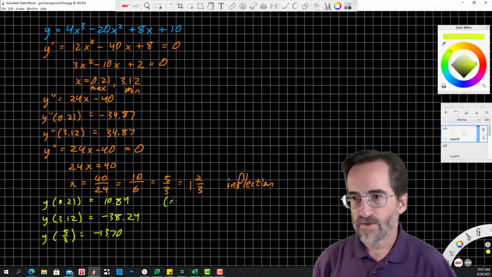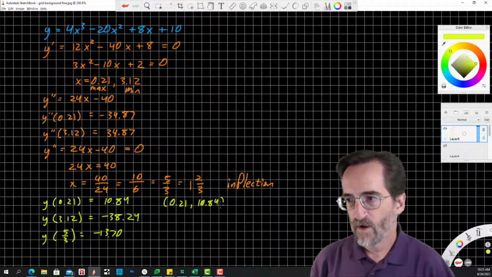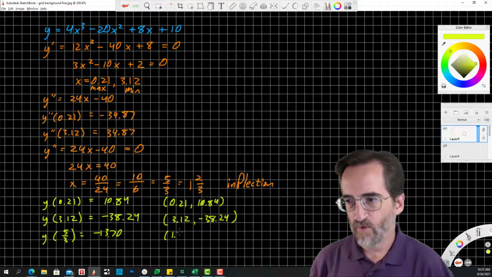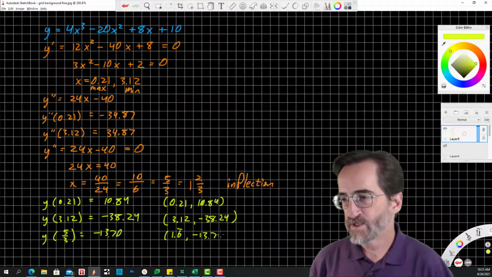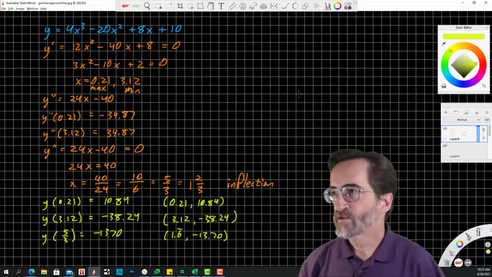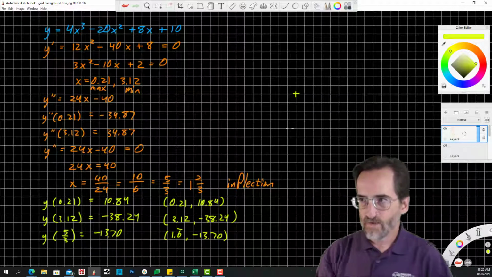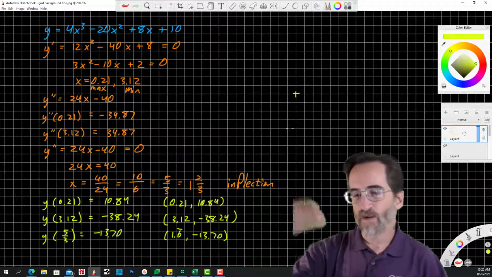So we've got 0.21, comma 10.84. We've got 3.12, comma negative 38.24. And we've got 5/3, or 1.6 repeating, comma negative 13.70. So let's graph here. I'm going to count by 1s going left and right, and by 10s going up and down.